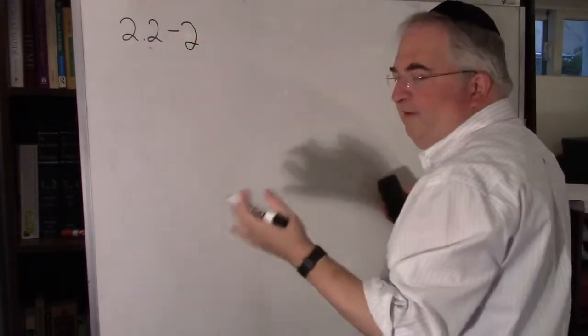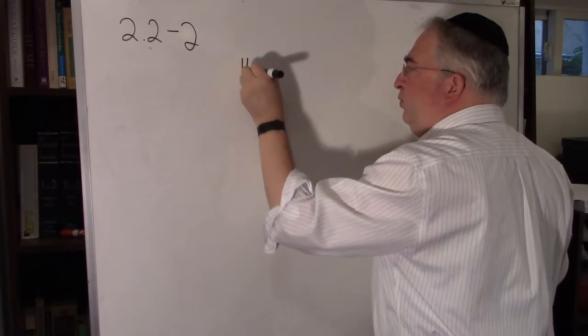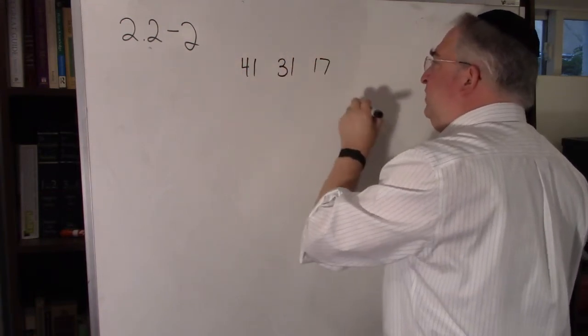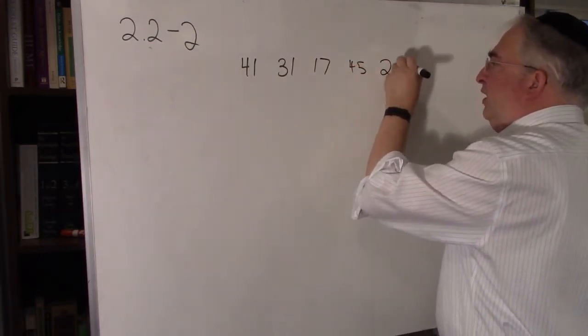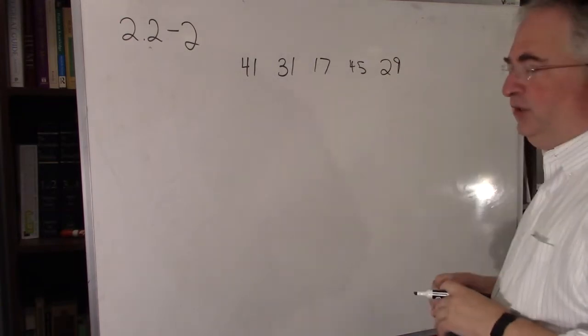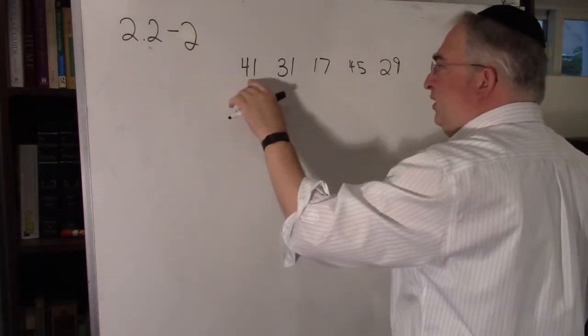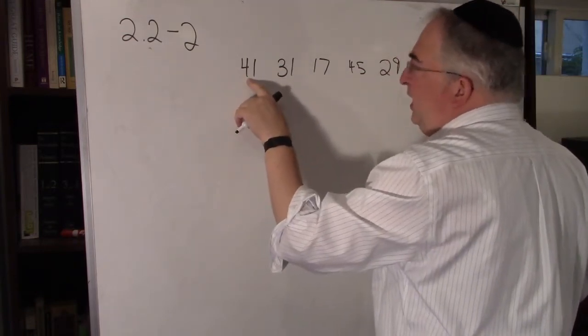Okay, so here's 5 numbers: 41, 31, 17, 45, 29. Okay, so here's what it's going to do. It's going to go through all the numbers and find the smallest. It's going to assume this is the smallest and then compare it to that.